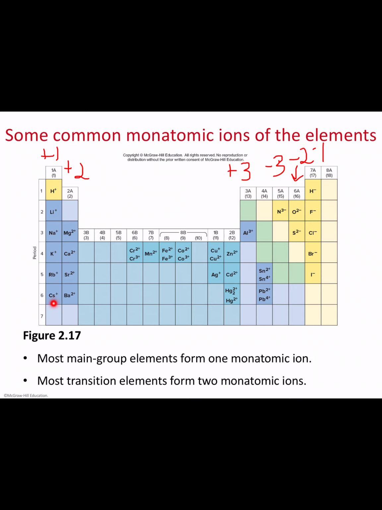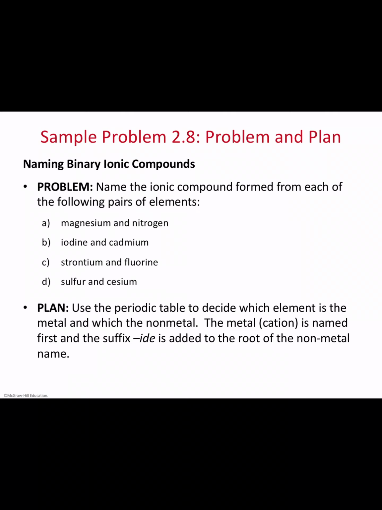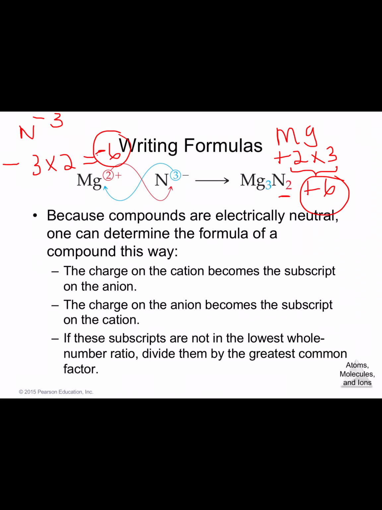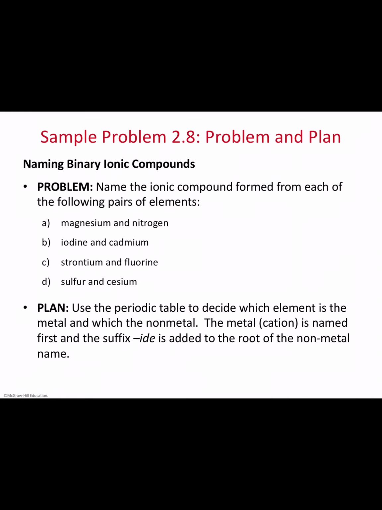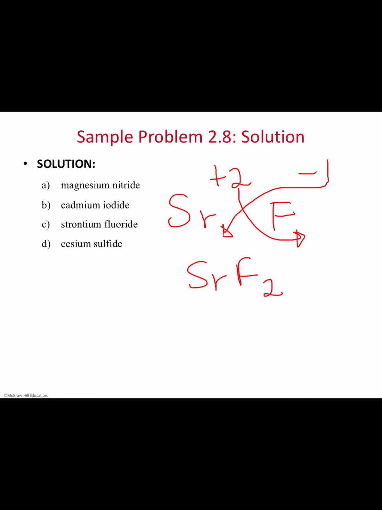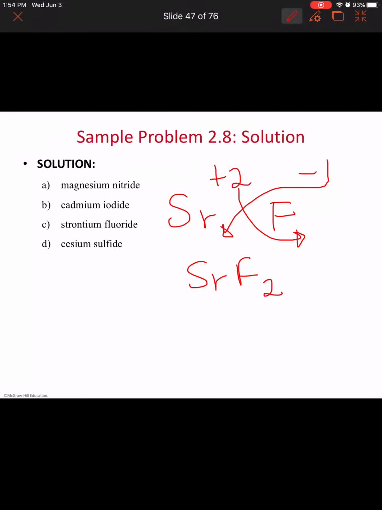And then the next one, cesium sulfide. Again, you go to your cesium. Cesium is in group 1, right there. It's going to make a plus 1 charge. Cesium and sulfur, cesium sulfide, and you go to sulfur. Sulfur is in group 6, so sulfur makes a 2 minus charge. So you write down these two, cesium plus 1 and sulfur minus 2.